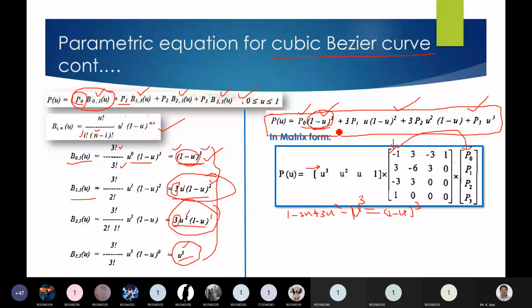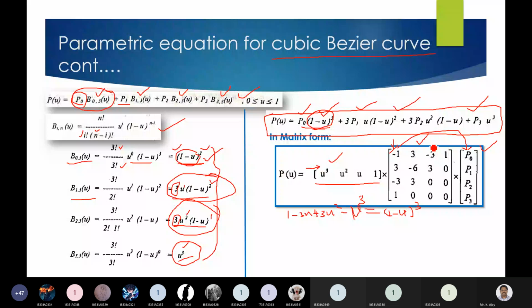using one horizontal matrix, one square matrix, and one vertical matrix. So by doing this, I'm able to separate the parametric. The first matrix is called the U parametric matrix. The second square matrix is called the Bezier matrix. The third matrix is called the geometric matrix.